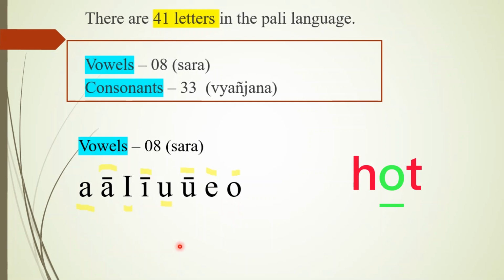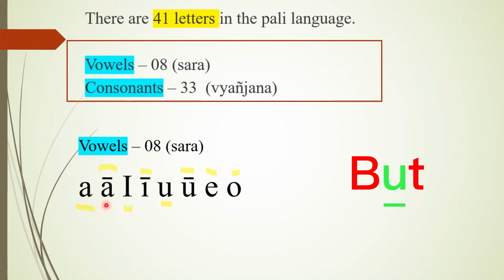Okay. One more time practicing. A, A, I, I, U, U, E, O. A is pronounced like but.